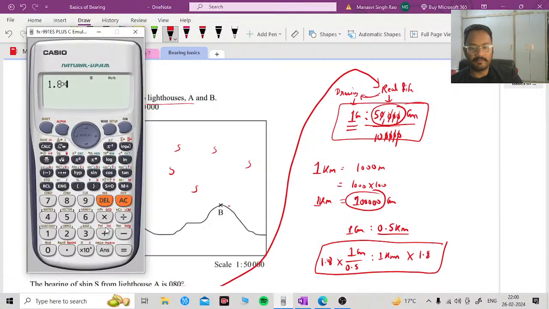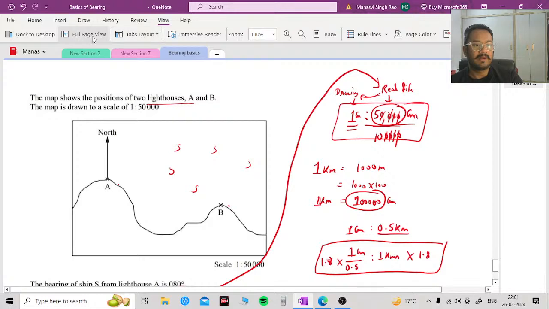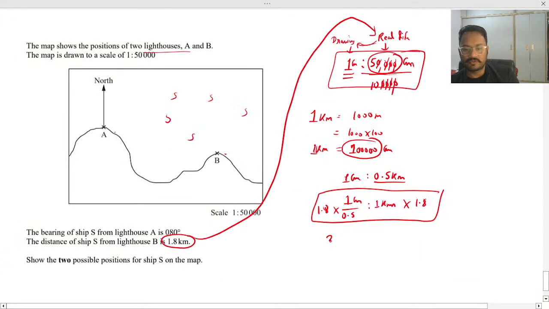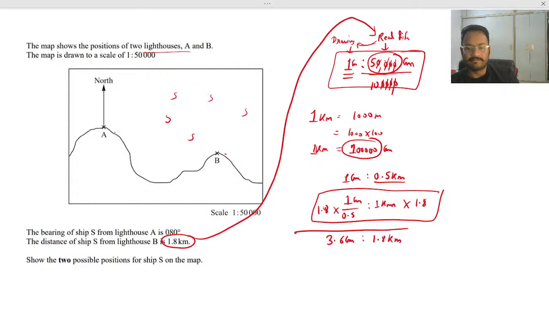So you will get 3.6 centimeter. So 3.6 centimeter on the drawing is equal to 1.8 kilometer in real life, right?